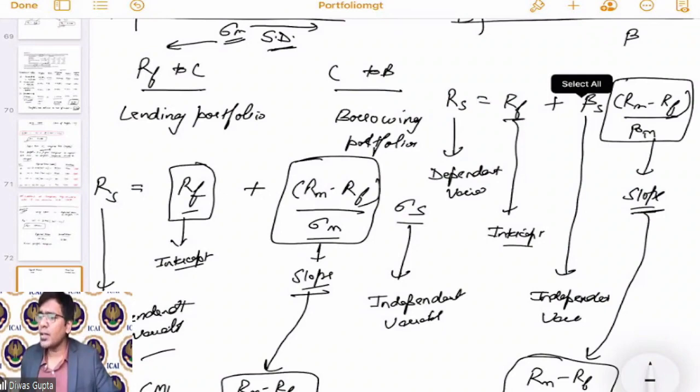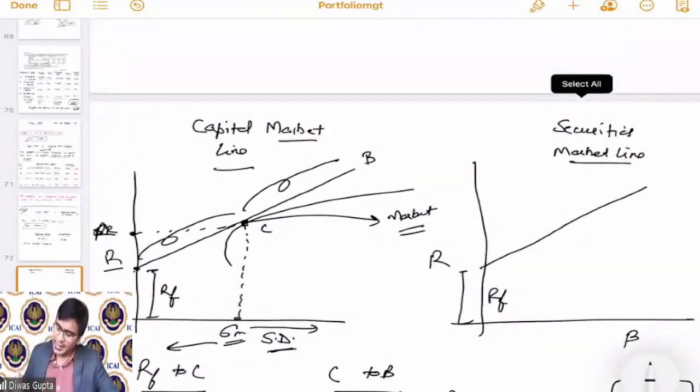Namita is asking, sir, on this graph, if we increase return, then SD will also increase. That's right, Namita, and that is what the capital market line says.